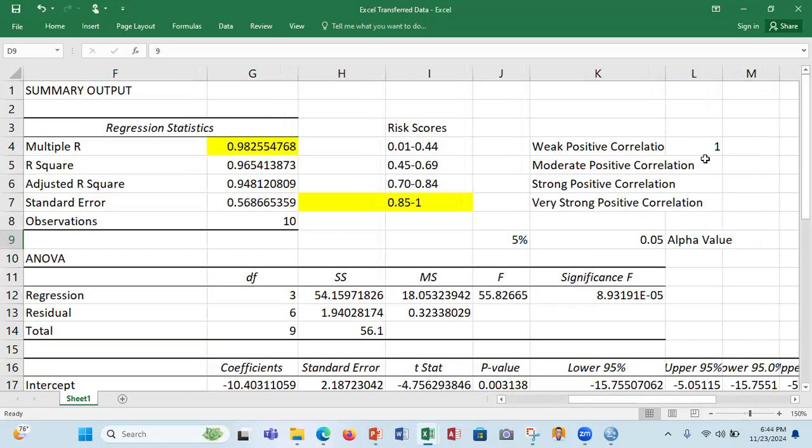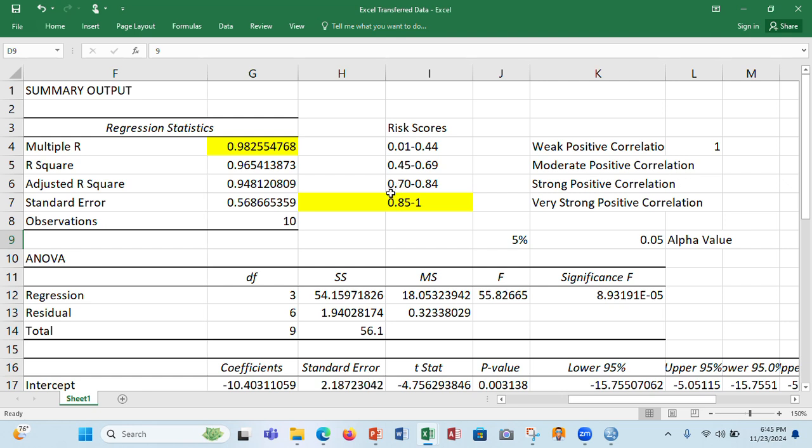I just want to borrow our interpretation here, where we say that if the value of R is 0.01 to 0.44, then it is a weak positive correlation. If it is 0.45 to 0.69, then it is a moderate positive correlation.